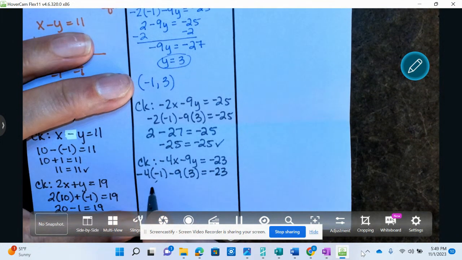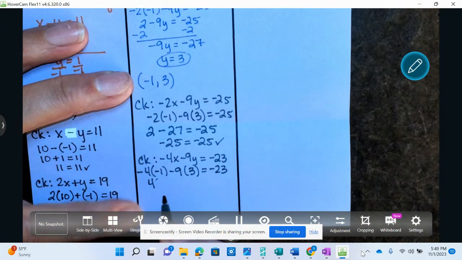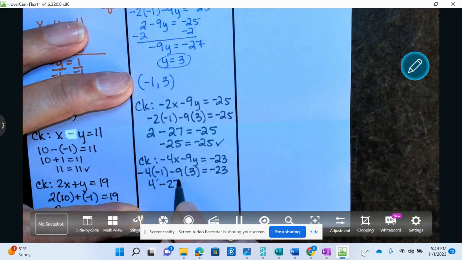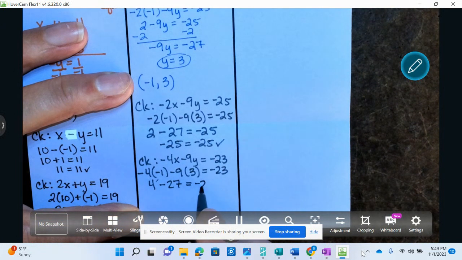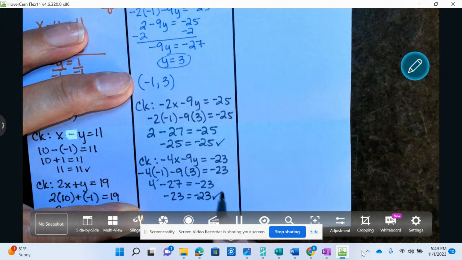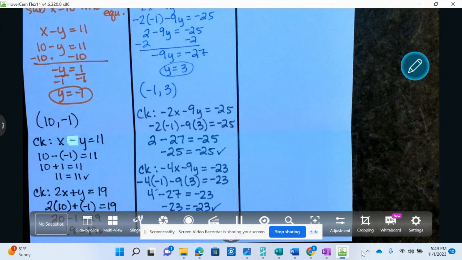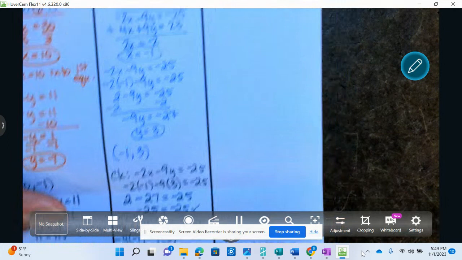A negative times a negative is a positive. That gives me a positive 4 minus 27 equals negative 23. Well, 4 minus 27 is negative 23, and negative 23 equals negative 23. Whew. Okay, last one. We're doing great.